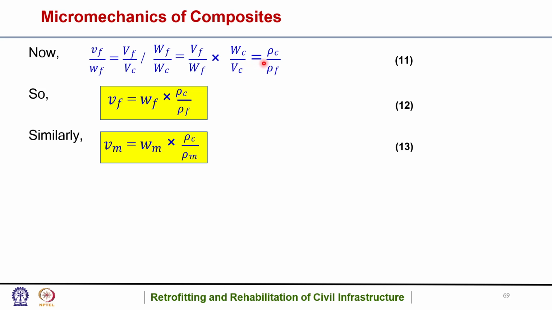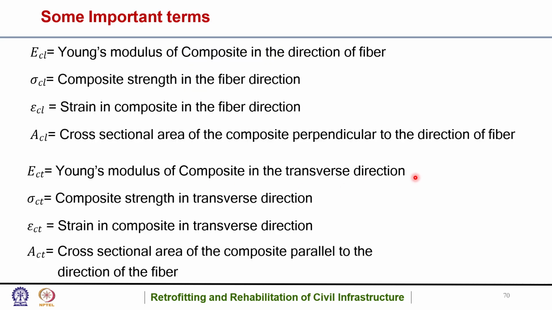And this is equal to rho C by rho F, because density is weight by volume. So capital WF by capital VF is rho F, and WC by VC is rho C. So VF by WF equal to rho C by rho F. That means small vf is equal to small wf into rho C by rho F. In a similar way, we can prove that small vm equal to small wm into rho C by rho M. So these are the equations.